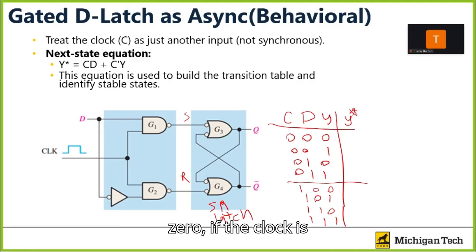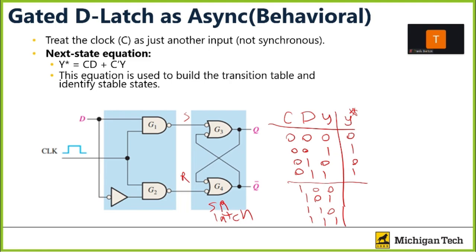If the clock is 0, the D flip-flop acts as a memory, so whatever Y is gets passed.